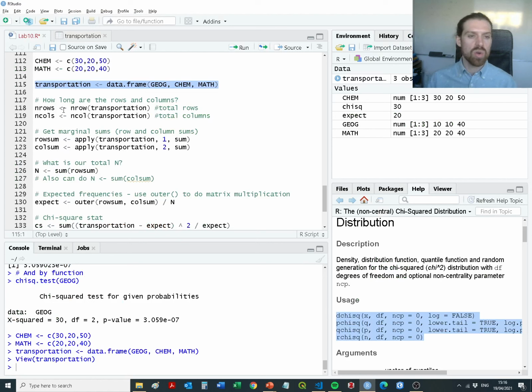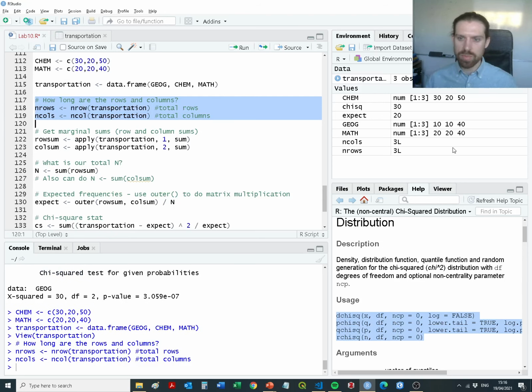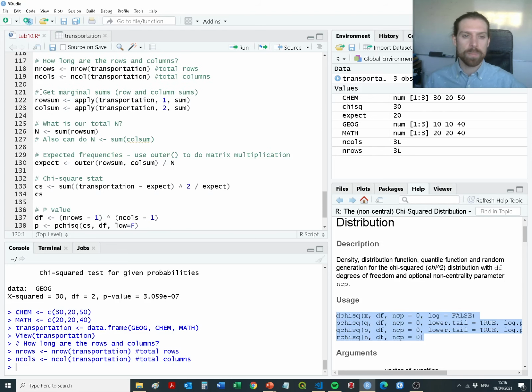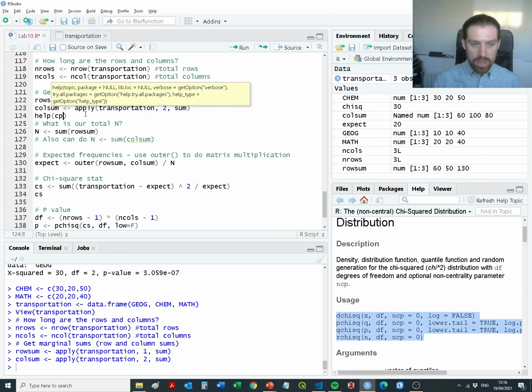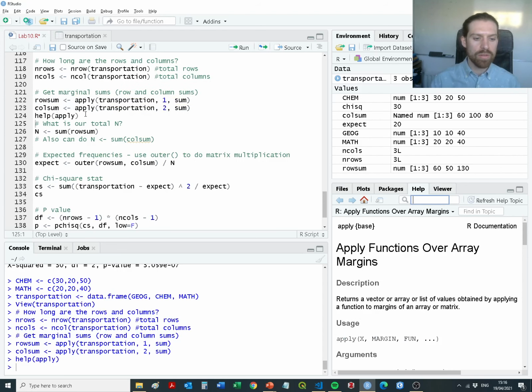Okay, so let's get stuck in. We first need to take the number of total rows and total columns, which should be fairly easy. There's 3 in each because it's a very small matrix that we put together. We also need to get the marginal sums, which is basically the row sum and the column sum. If you've not encountered the apply function before, you can have a look at it here.